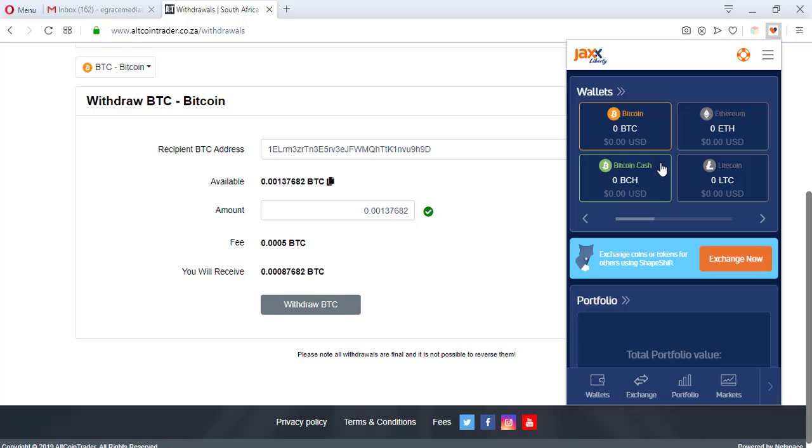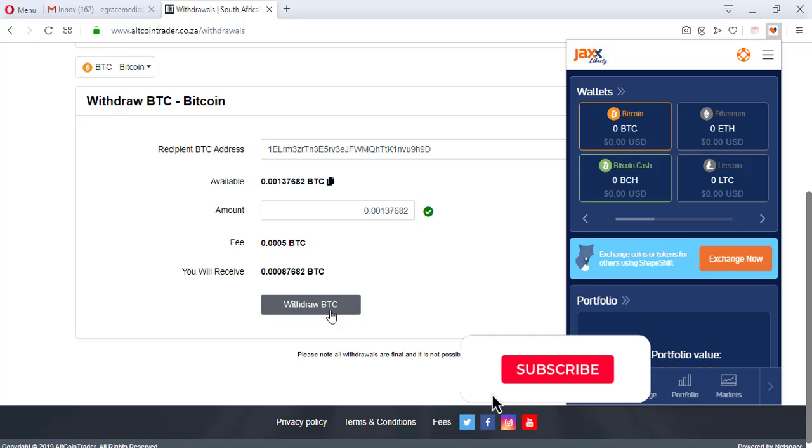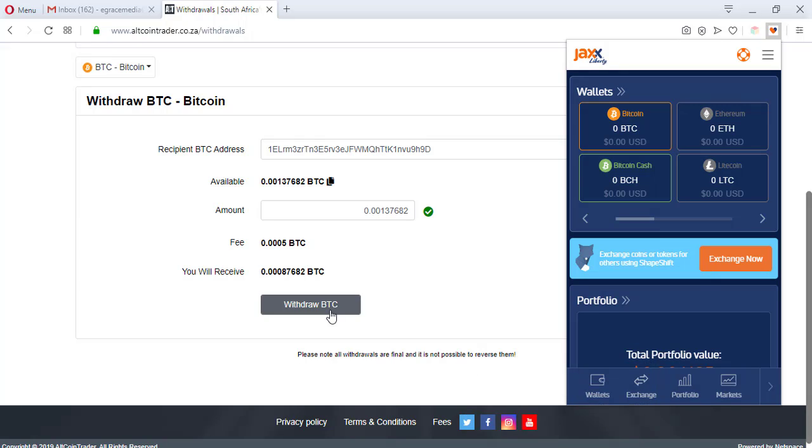But if I say withdraw here, I'll get a confirmation email that I have to confirm that it's me who is authorizing this withdrawal. And after a few minutes, I'll see my Bitcoins right in this wallet that I have right here.